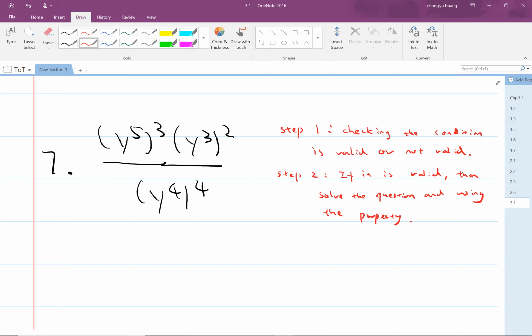On the denominator we have y to the power 4 to the power 4. All of those exponents are positive integers, so right away you should know you are able to use the property.